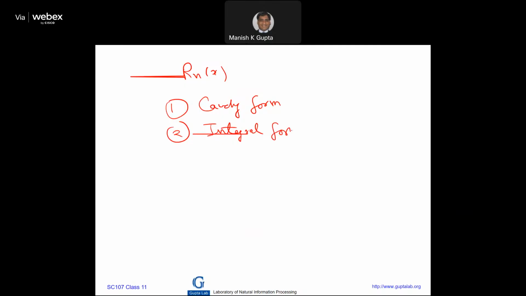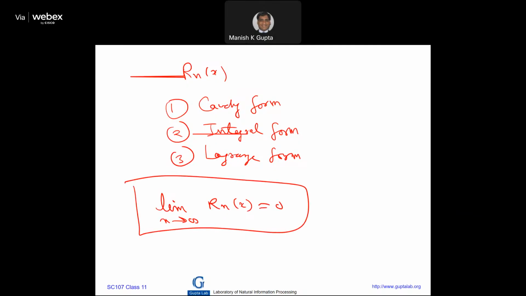So I am leaving it as an exercise for you to check what these forms are at least. Third, and maybe you can also find your own form if you want, right? Try something and you determine. Anyway, in any case, I want to show that when the limit n tends towards infinity, Rn(x) is 0. This remainder should go towards 0, right?